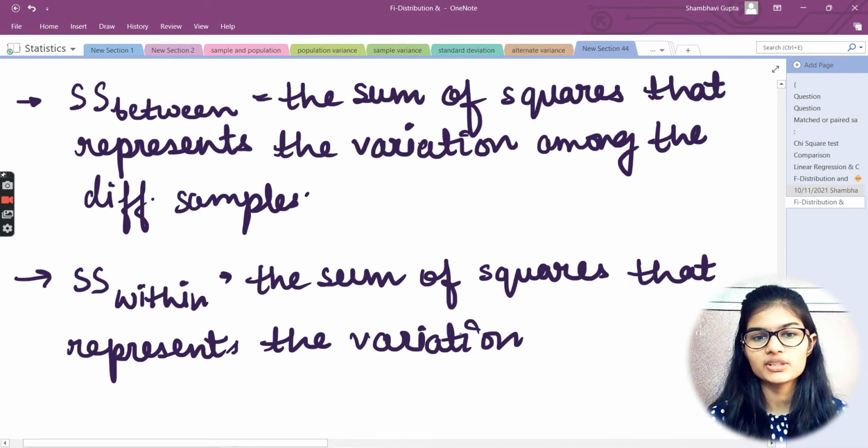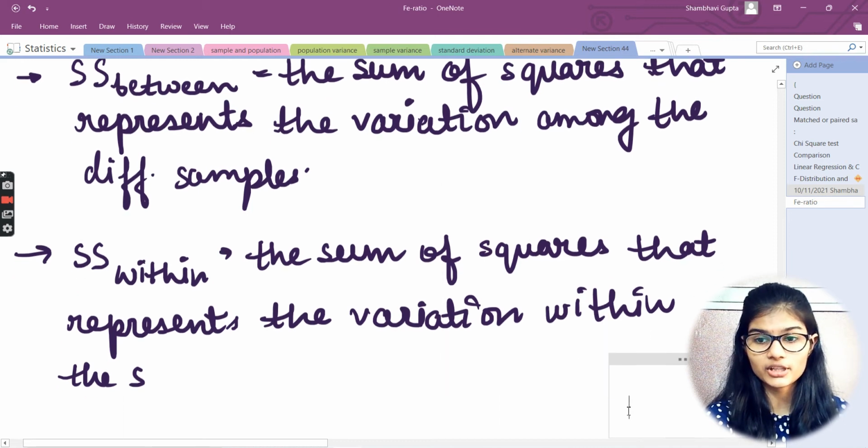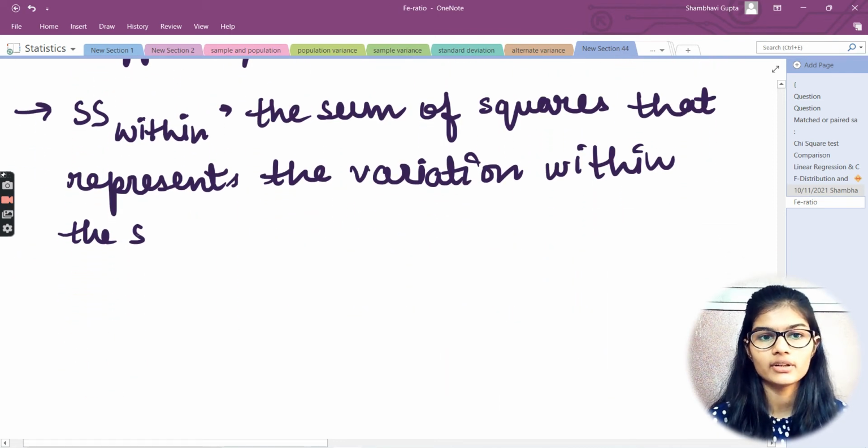So SS within is basically the sum of squares that represents the variation within the samples. Let me just cut down here and get some space.